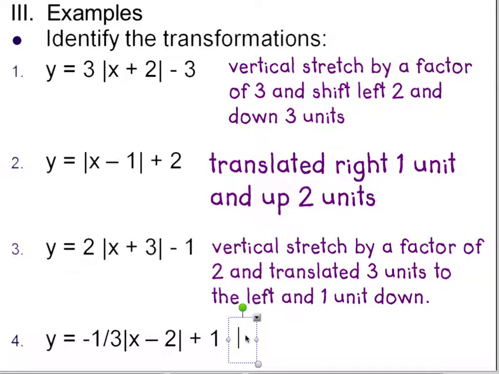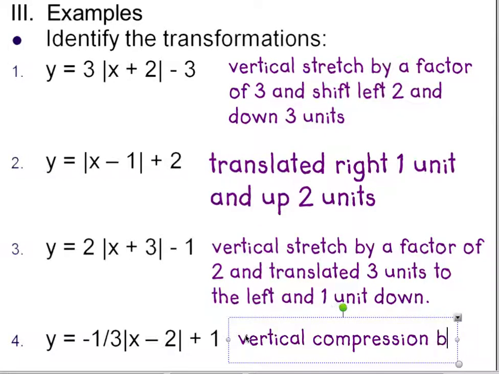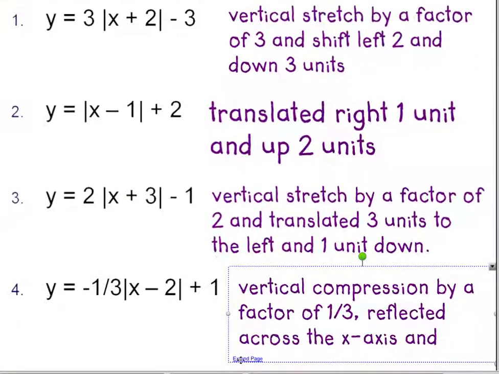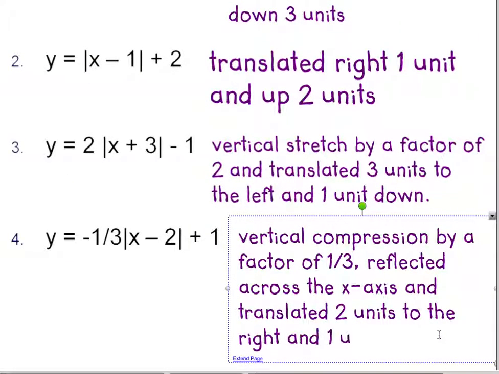So this one is going to be a vertical compression or shrink by a factor of 1/3, reflected, and we have talked about this, reflected across the x-axis and translated 2 units to the right, I guess it's a -2, and 1 unit up.